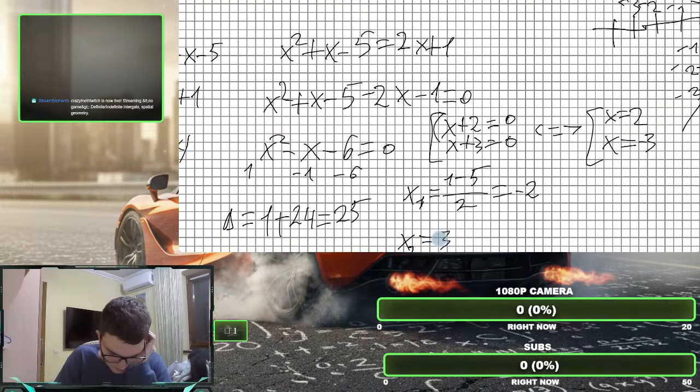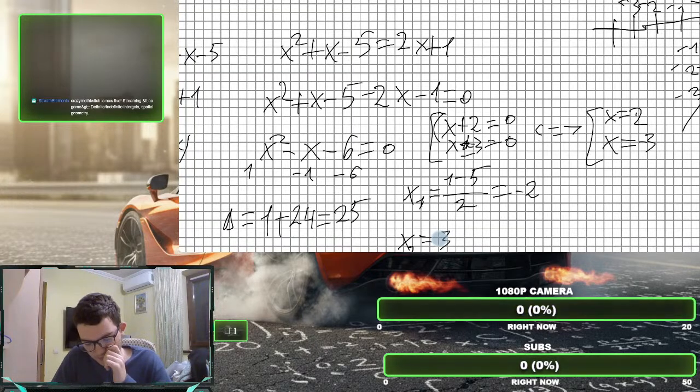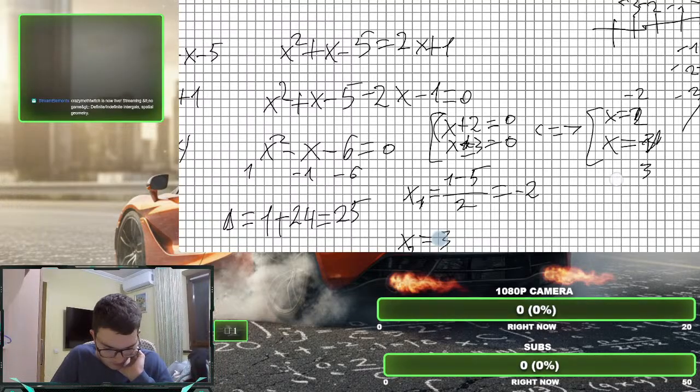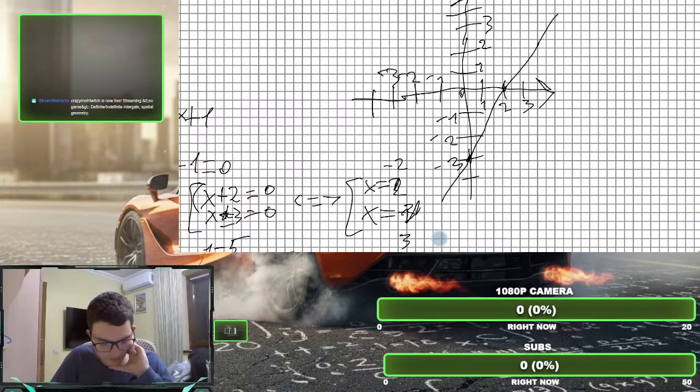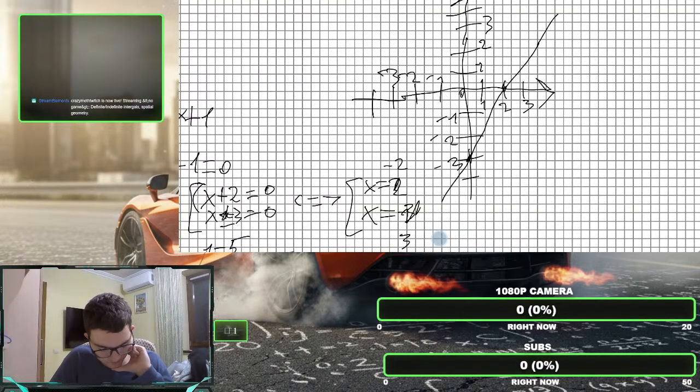So yes, x is minus 2 and this one is 3, and on minus 2 to 3, which means that the linear function is above, so the area will be the integral from minus 2 to 3 of g(x) minus f(x) dx.